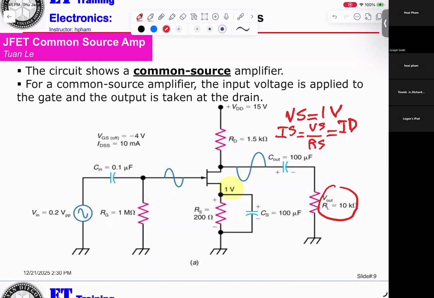Zout is RD parallel RL. And for that to happen, you have to remember that Cout is shorted. Yes, for sure. We already talked about that. In AC mode, the capacitor will be shorted. Input impedance, you get Vin.